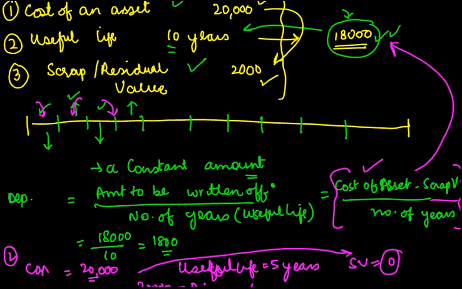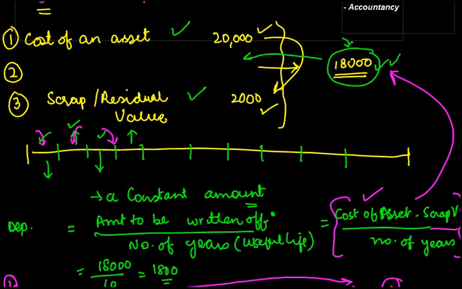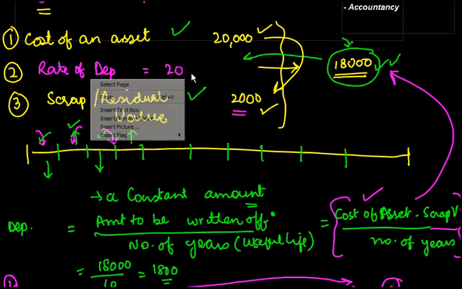Now there could be an alternate way also in which you can get this information. So if I tell you that the cost of the asset is 20,000, right? The scrap value is 2,000, but I don't tell you what is the useful life, but I tell you that the rate of depreciation is equal to 20%.